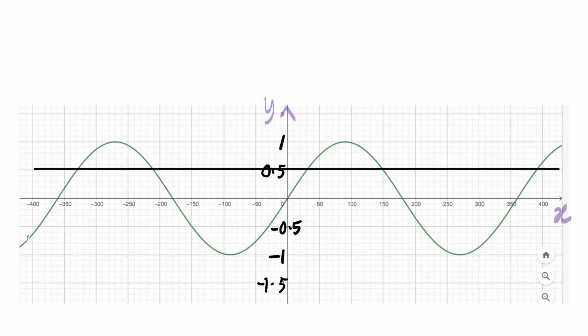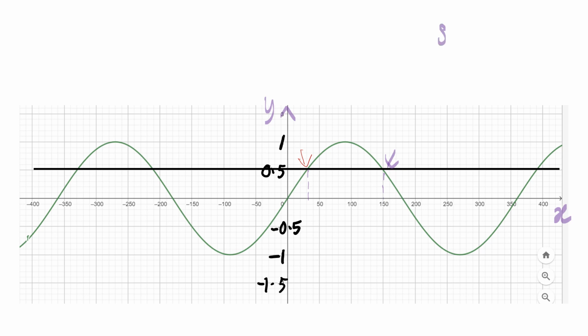So what are the possible angles? Let's look at the positive angles first. You have one value here, and that happens to be 30 degrees. So sine 30 will give me 0.5. And then I have another intersection point here, 150. So sine 150 will also give me 0.5.